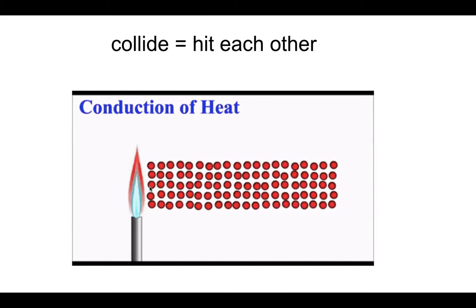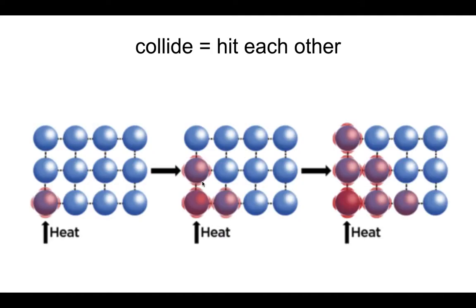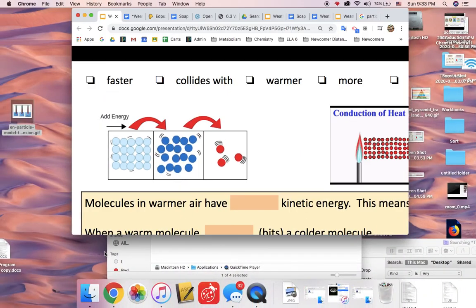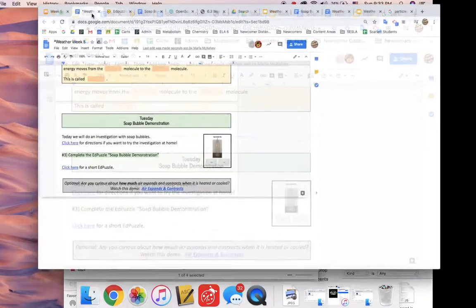The hotter energy moves to the cooler particles. Don't forget the word collide, which means hit each other. You can see that when a hotter particle collides with a colder particle, the heat transfers. This is called conduction.